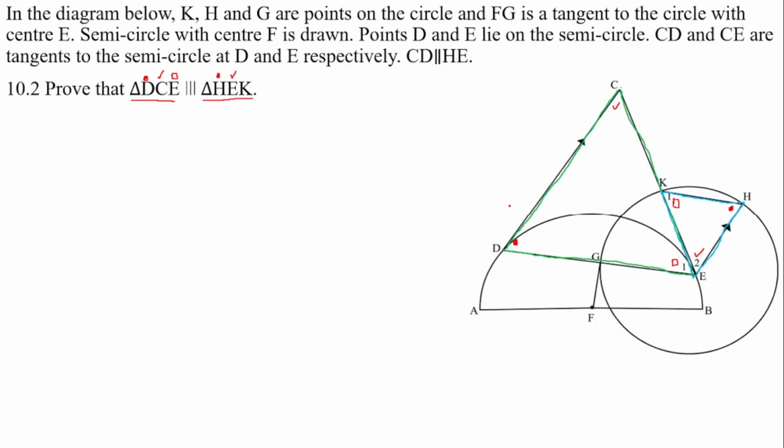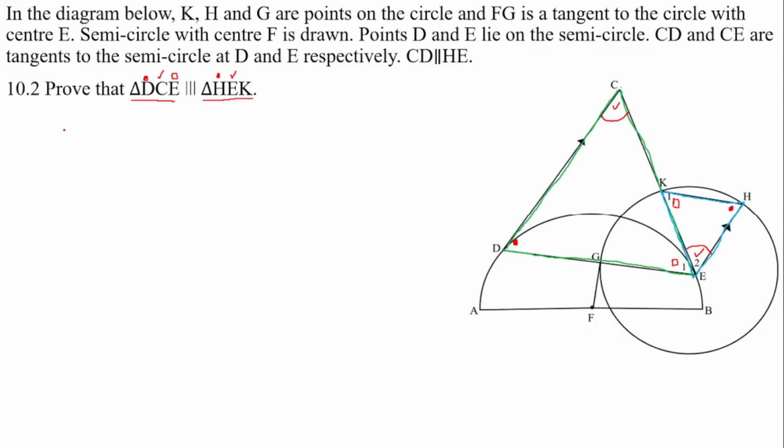The easy one to find will be angle C and angle E2. Why are these two angles equal? It's very simple to find this one. Because there are alternate angles. DC is parallel to EH and EC is the transversal.